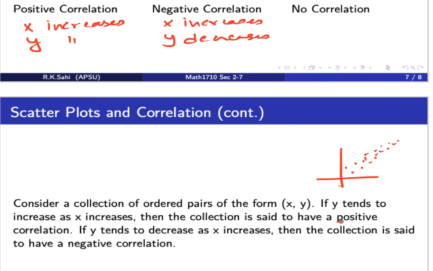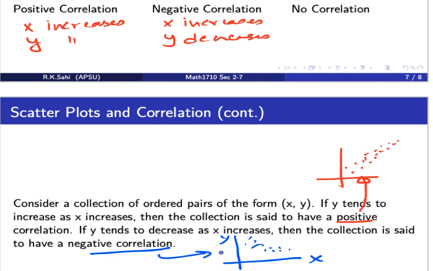This is a positive correlation. On the other hand, if y is decreasing as x increases, then we say that the collection has a negative correlation. Now this is x and y, so this is what it basically means. So we have a negative correlation. So values are decreasing, guys.